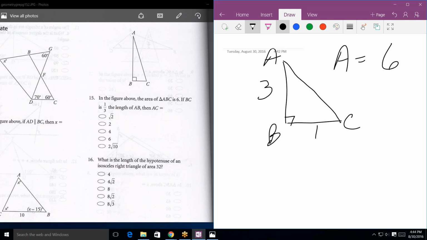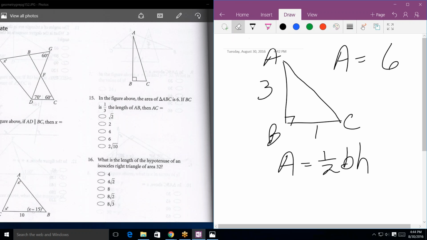Now, I think I'm forgetting that theorem you taught me, that formula. Let's always start with the general formula. The area of a triangle is 1/2 the base times the height. Yes. Okay. So let's go back here and do what you did on that one problem. Let's put x's in there.